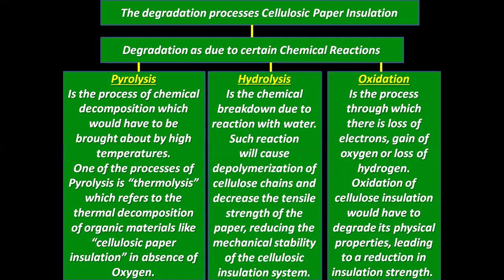Most important is hydrolysis. Hydrolysis is the chemical breakdown due to reaction with water. Such a reaction causes depolymerization of cellulose chains and decreases the tensile strength of the paper, reducing the mechanical stability of the cellulosic insulation system.